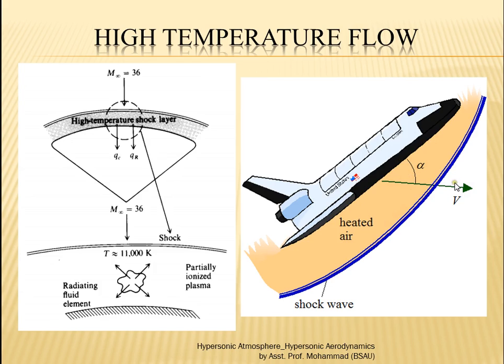This is a frequent flight kind of mission, and Apollo was just a one-time mission. So in this also the Mach number is large enough to create a very high temperature. Inside the high temperature we have ionized or plasma kind of flow, and this is wetting throughout. It's not any particular region. It's not only in the region where we have the boundary layer.